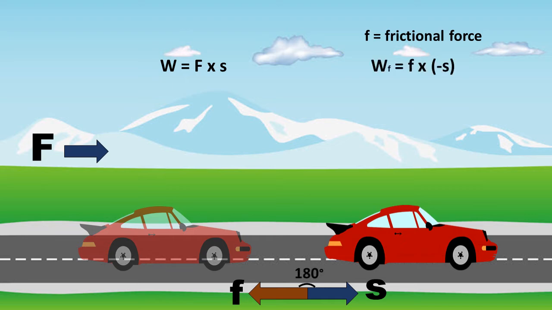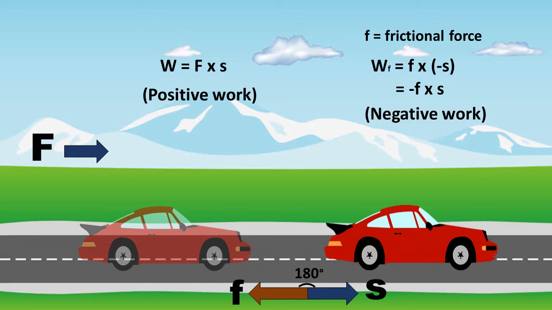Hence, work done by frictional force is equal to frictional force into negative S. The negative sign indicates that frictional force and displacement are in opposite directions. So, work done by external force is positive work, whereas work done by frictional force is negative work.